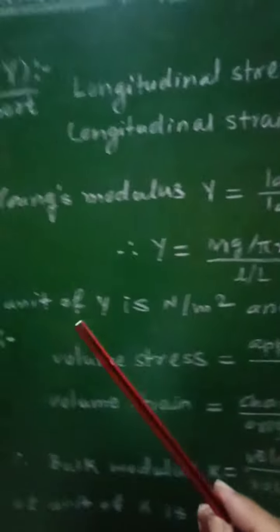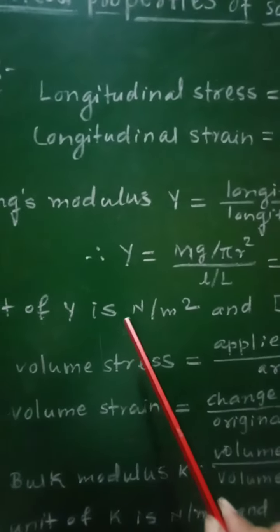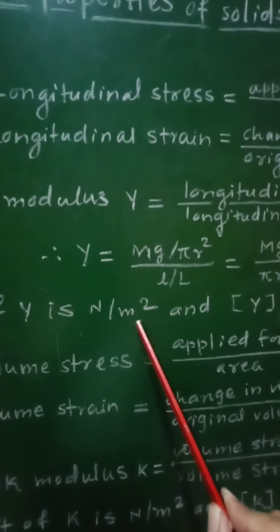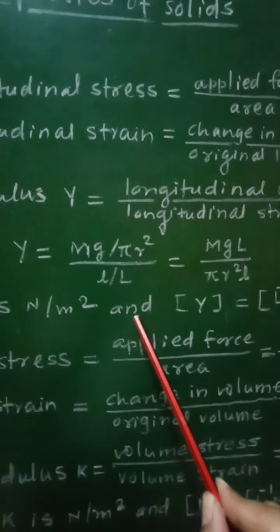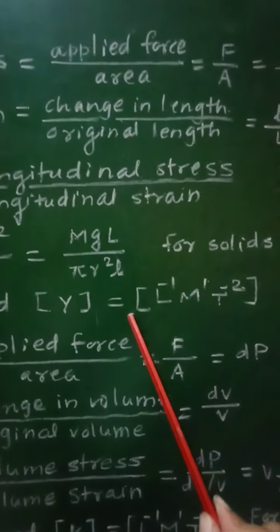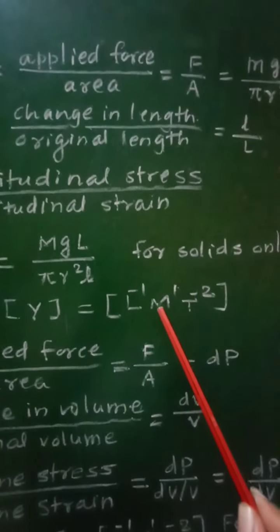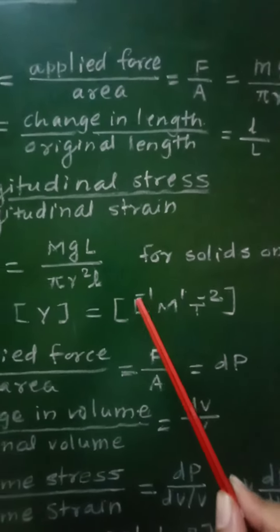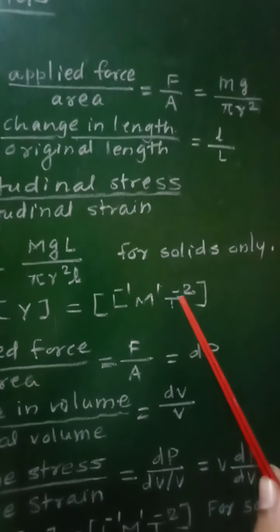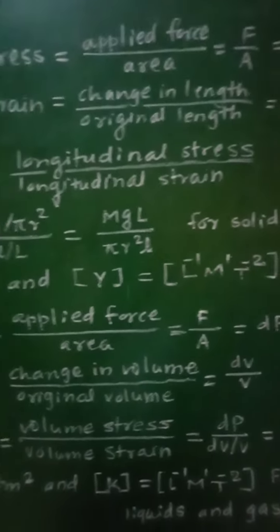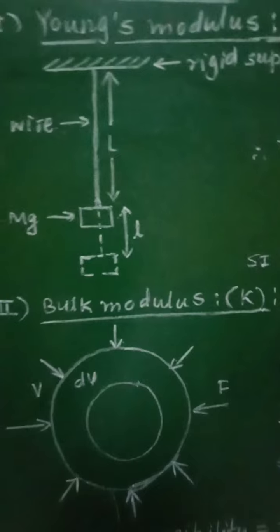The SI unit of Young's modulus Y is Newton per meter square, that is force per unit area, and the dimensions of Y are -1 in length, 1 in mass, -2 in time. So this is the first constant of elasticity or elastic modulus.